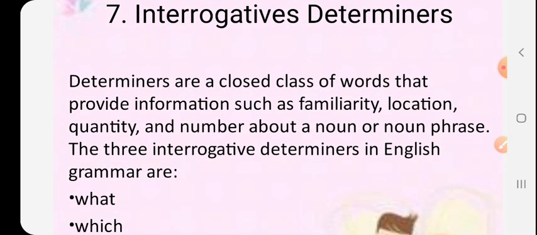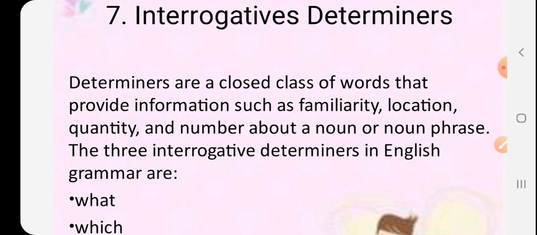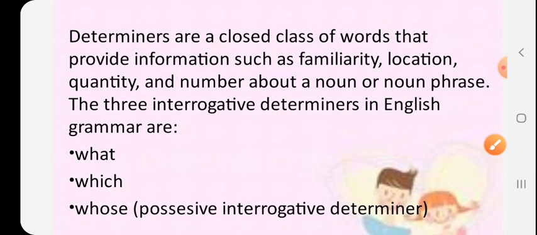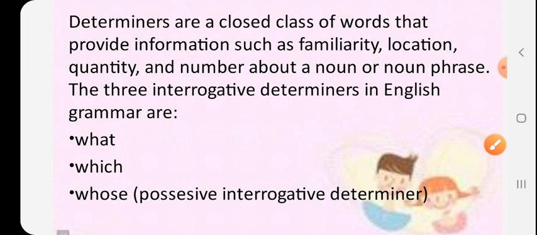The last category, interrogative determiners. Interrogative, you have always known that they are questions, they are asking about something, they want to know something. So we will simply get to the examples: what, which, and whose.